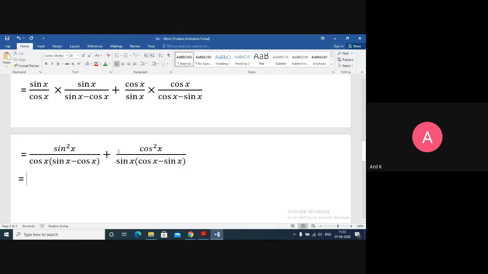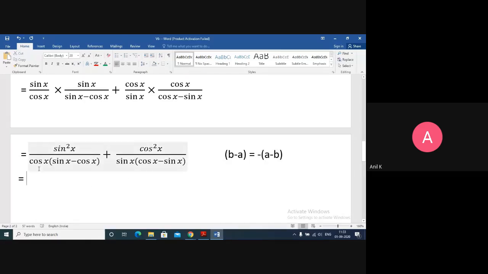So from this term I'll take minus common. For example, let me write the formula here. If you have b minus a, I can write this as minus of a minus b, because if I multiply this with a minus sign, again I'll get b minus a only. So I use this logic here.